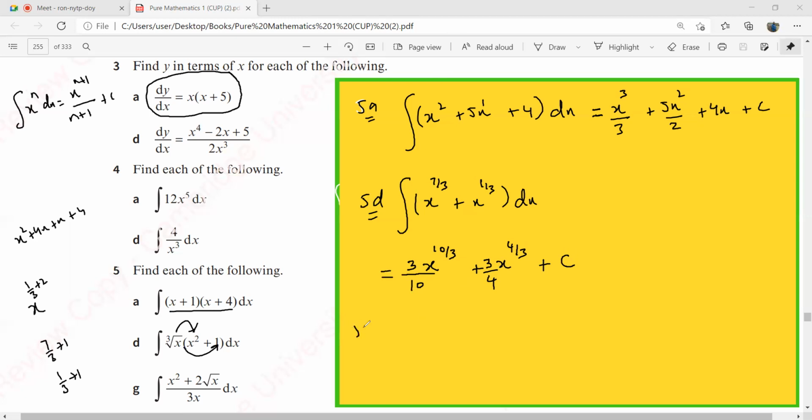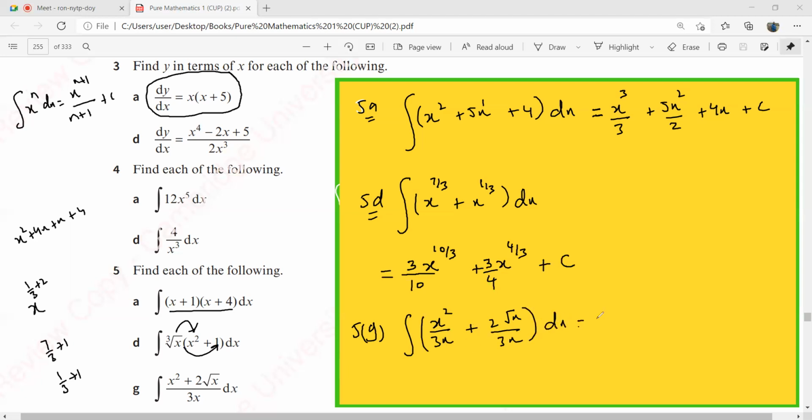I'm on to 5G, bacho. So again, I will not waste my time here. I know that this will be x squared over 3x plus 2 under root x over 3x, and then dx.